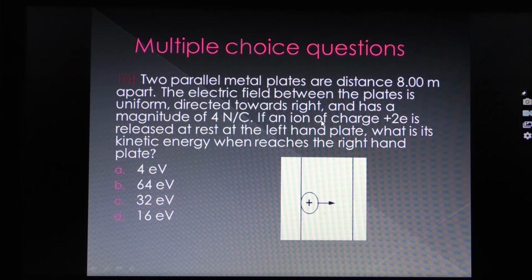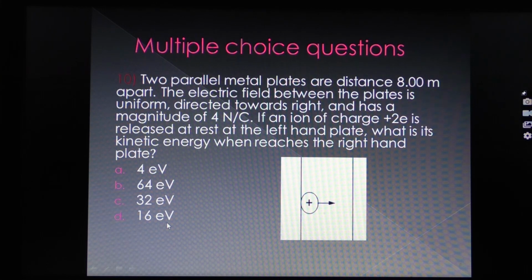If an ion of charge plus 2e is released at rest at the left hand plate, what is its kinetic energy when it reaches the right hand plate? 4 eV, 64 eV, 32 eV, 16 eV.